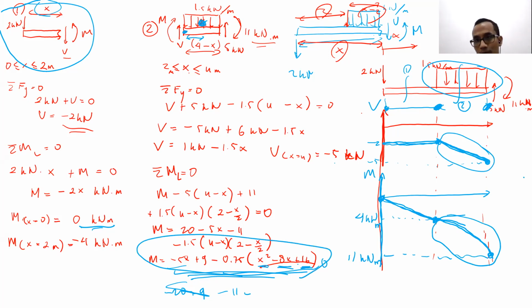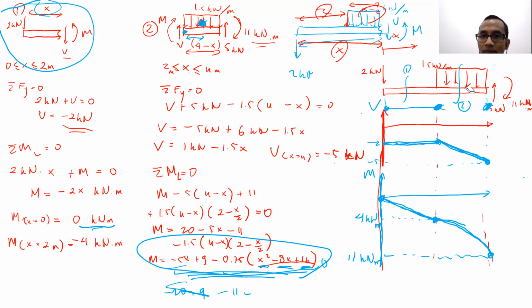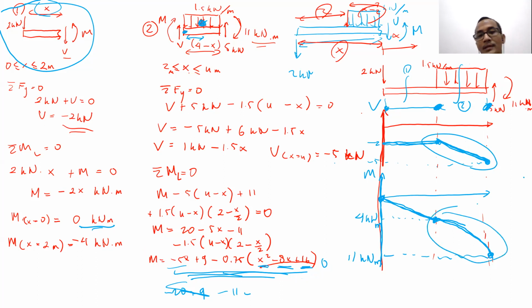The moment distribution is quadratic. The shear force is linear, so it's always like that. Later, when you have a linear distributed force, the shear force will be quadratic, and the moment will be to the power of 3. So the distribution is always like that.